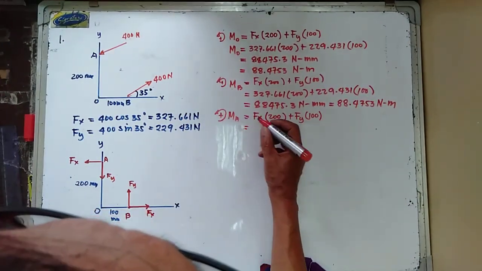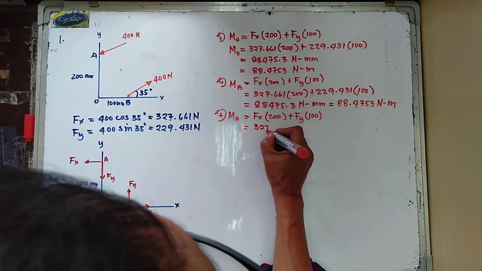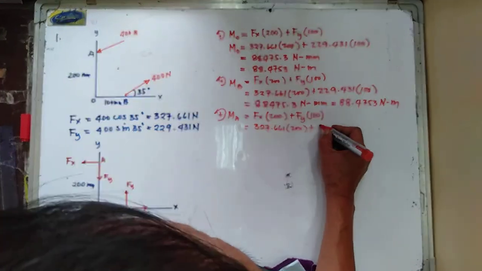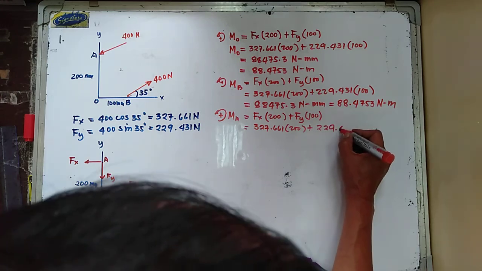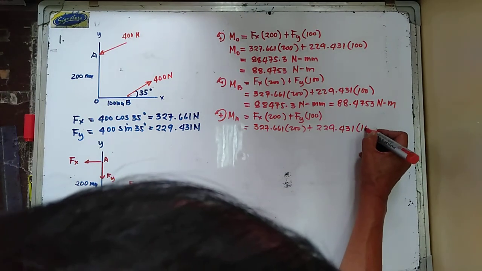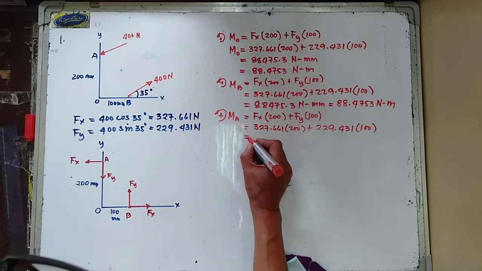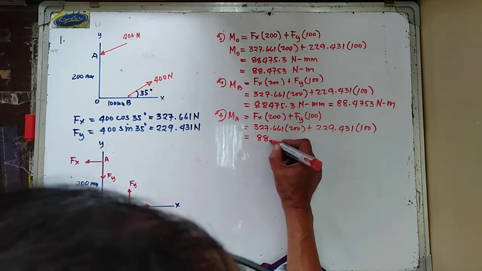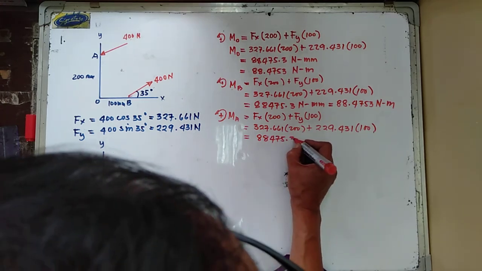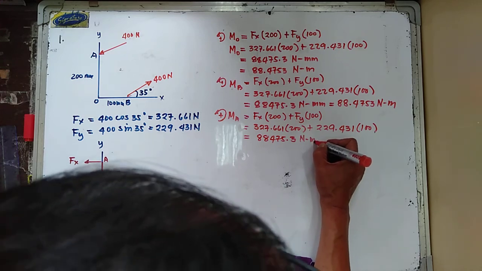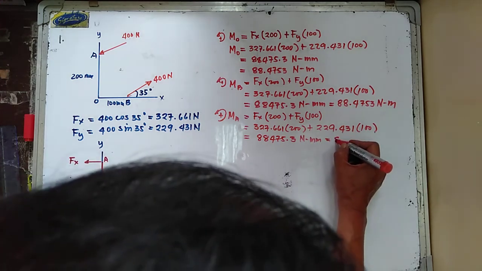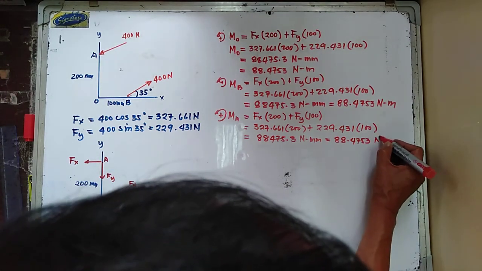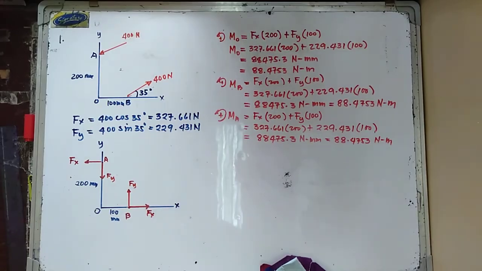So this is still 327.661 by 200 plus 229.431 by 100, and that is the same, 88,475.3 Newton millimeter, or 88.4753 Newton meter.